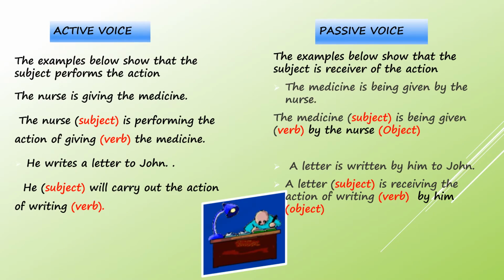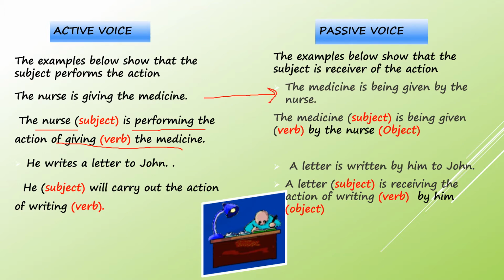Let us understand the difference between active voice and passive voice with a few more examples. In the examples under active voice, we will understand that the subject is performing the action. For example, the nurse is giving the medicine. Here, the nurse, which is the subject, is actually performing the action of giving the medicine. Now let's see its passive voice.